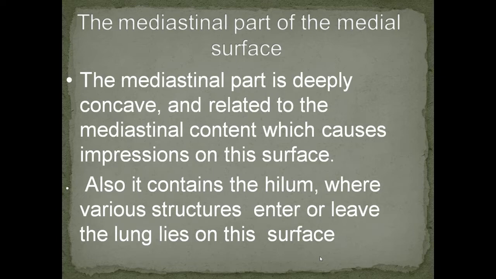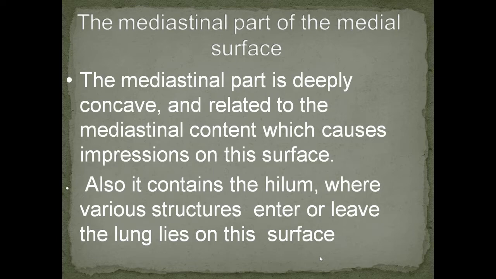Mediastinal part of the medial surface. Mediastinal part is deeply concave and related to the mediastinal contents, which cause impressions on the surface. It also contains the hilum, where various structures enter or leave the lung.